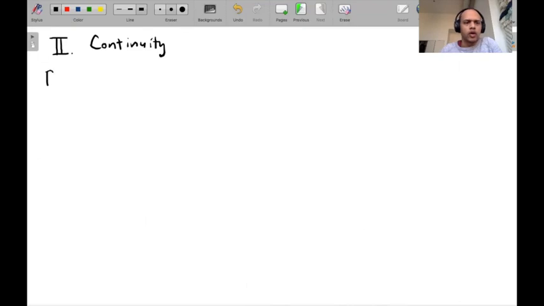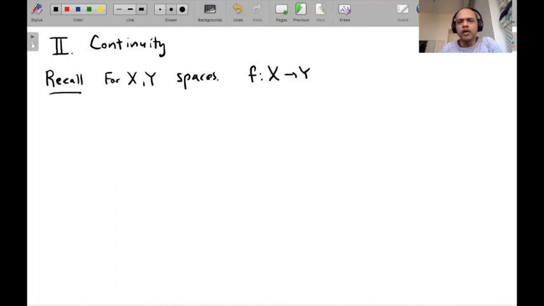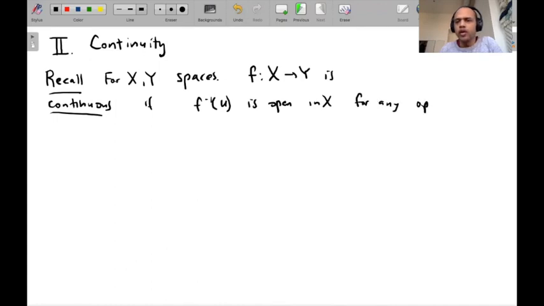So let me remind you that for X and Y topological spaces, a function from X to Y is continuous if f inverse of U is open in X for any open U in Y. So the preimage of an open set is open.